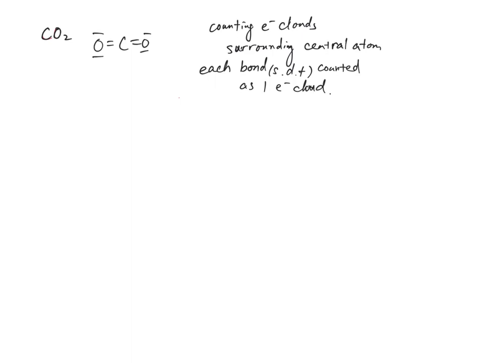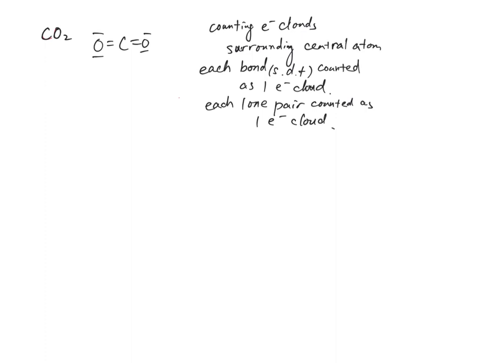And each lone pair, remember, we put some leftover electrons on the central atom after I dealt with all the non-central atoms, got them octets, and still had electrons left. I dump them on the central atom. Remember that in Lewis structure? Those are called lone pairs. Each lone pair is counted as one electron cloud.